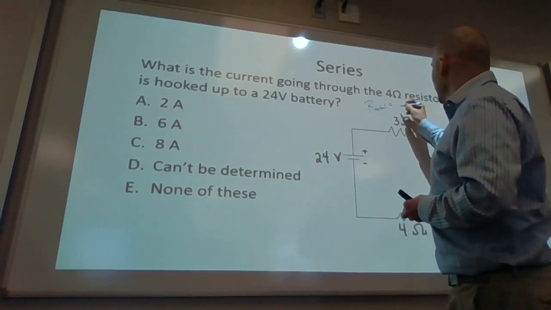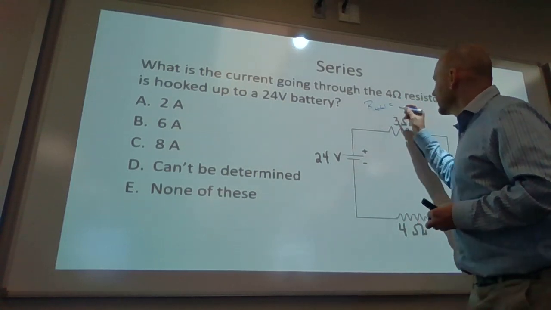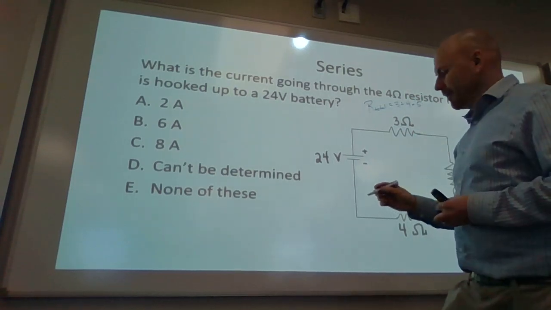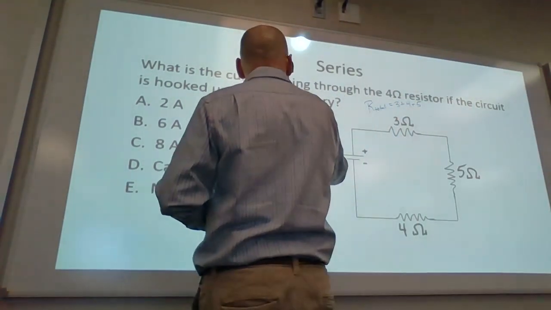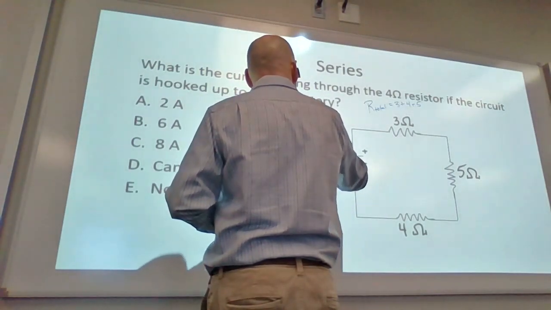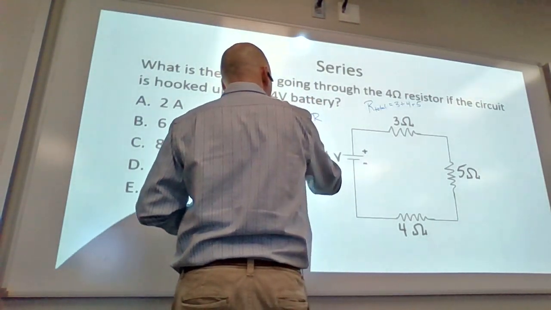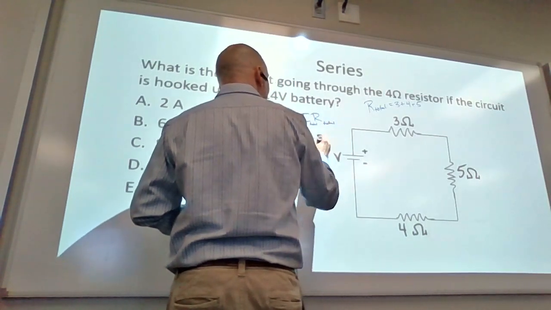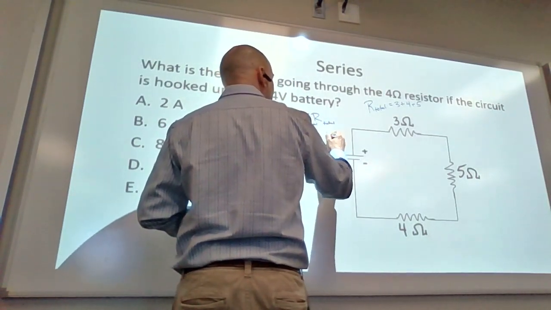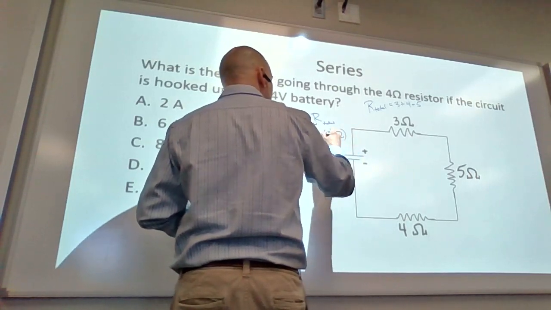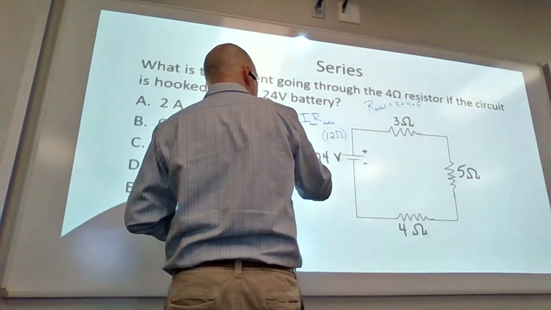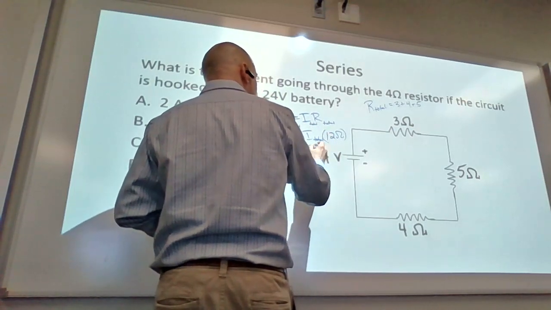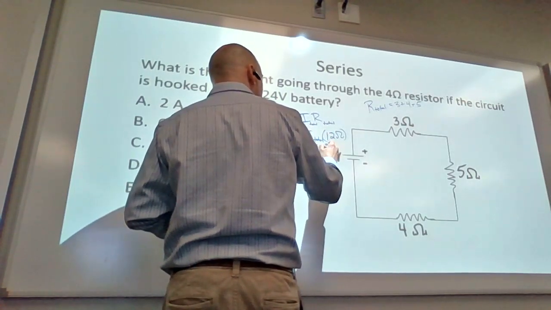We need to add up all 3 of those. So the total resistance is equal to 12 ohms. The total voltage is 24 volts. So the total current is equal to 2 amps.